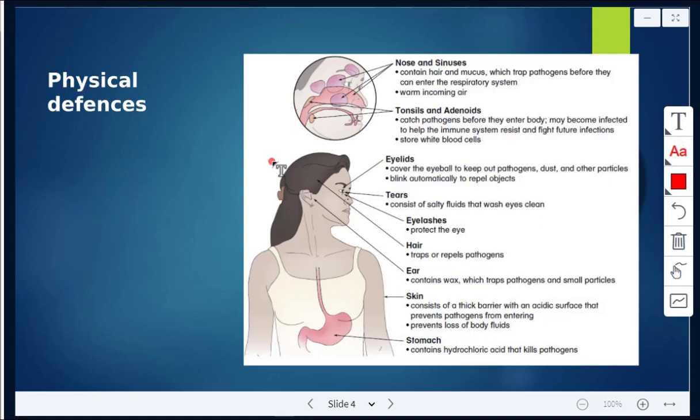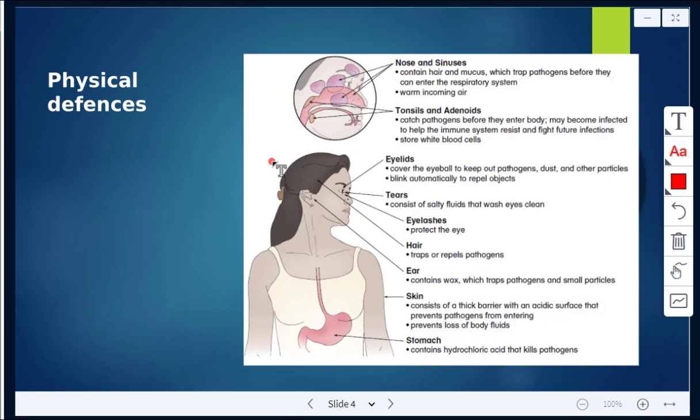It keeps out pathogens, it keeps out dust and other particles. We also have our automatic blink response to repel objects. And in our eyes, we also have tears. It consists of salty fluids that wash the eyes clean.